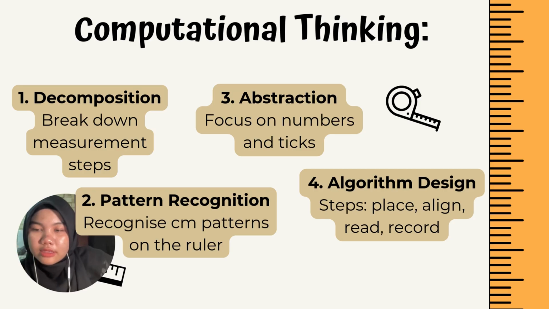And then the last step is algorithm design, which is to create steps to follow. From the decomposition, we use that for forming the algorithm: placing the object on the ruler, align, read the exact measurement, and then record.